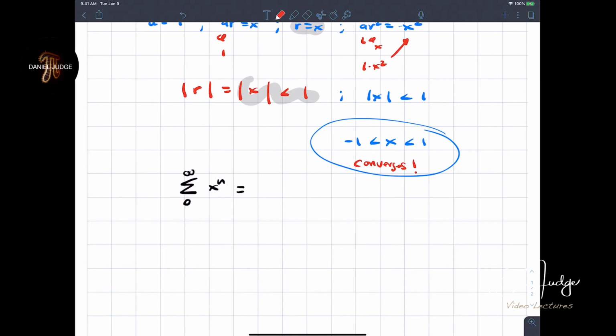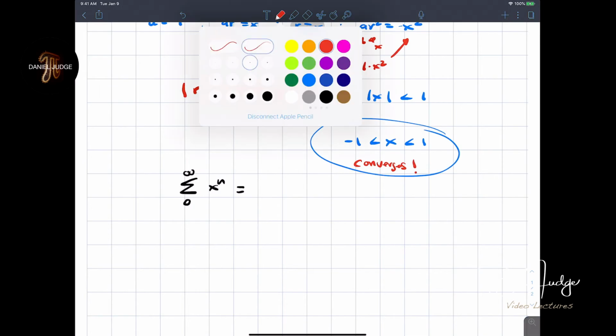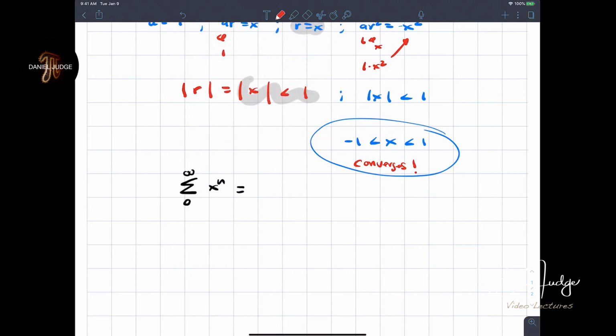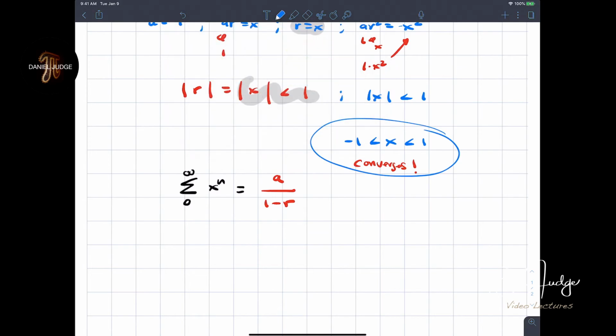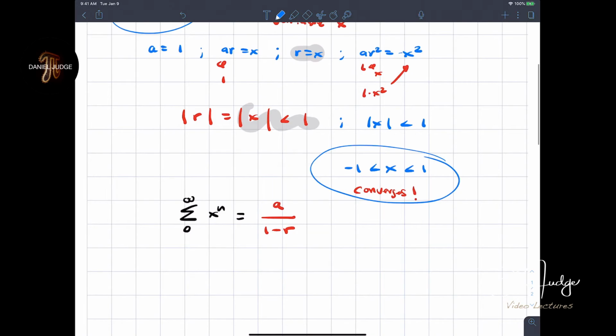Well, what does this actually mean? Back in that section, if you had convergence, what does it converge to? What was the sum? You had a formula, A over 1 minus R. If we know we have convergence, all we have to do is plug in the values of A and R. In this case, A is 1 and R is x.